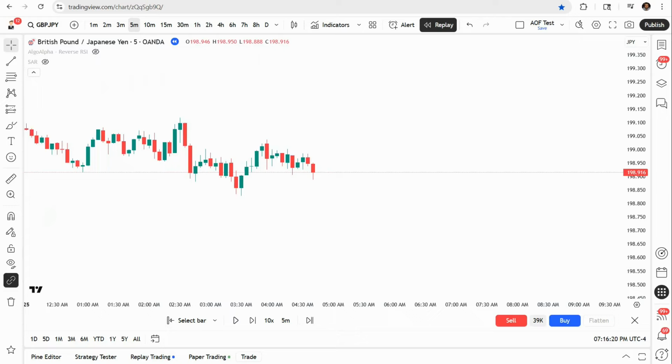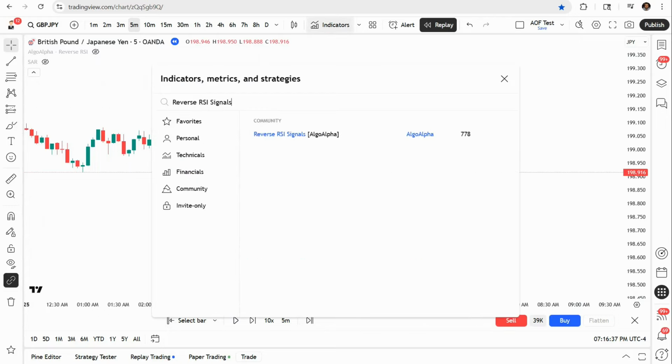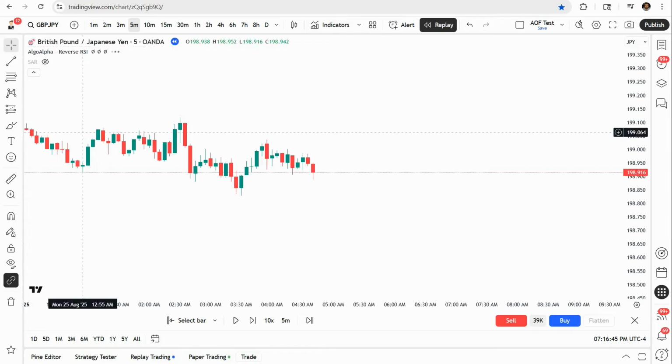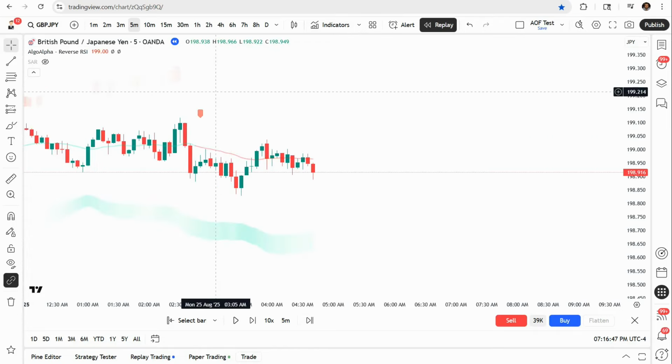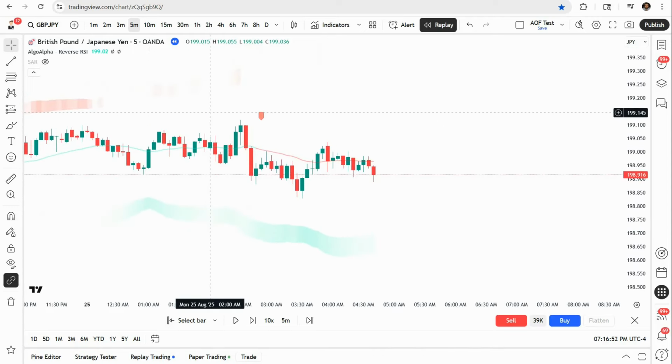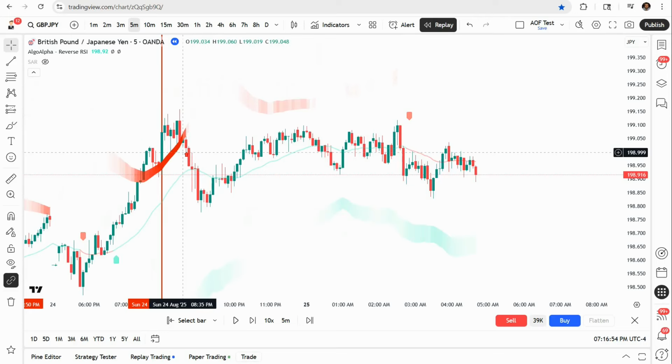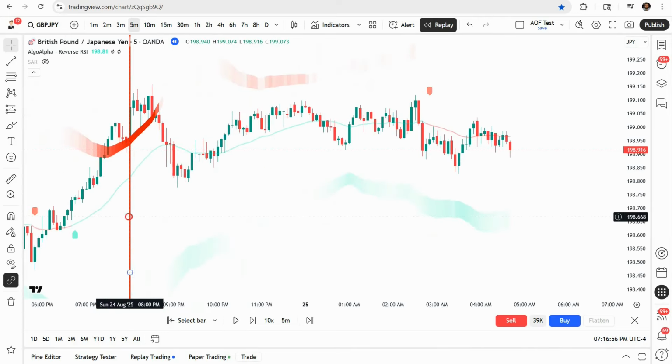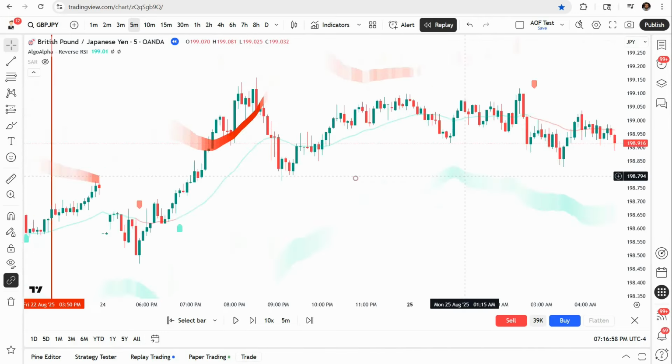And so the first indicator we will add to the screen is going to be the reverse RSI signals. It's going to be this one right here. Go ahead and click on that and add it to the screen. And this one is the updated version of a standard RSI. And it's basically plotting some of the components of the RSI on screen.